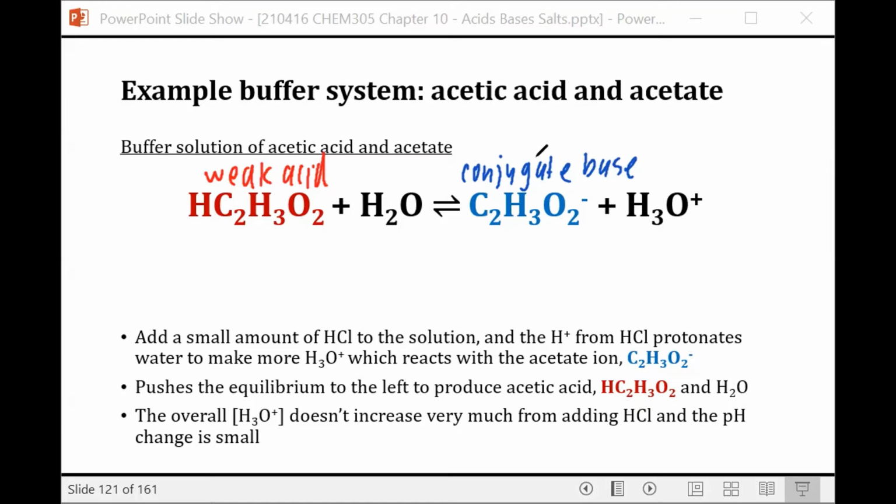Or if we add a little bit of acid to the system, the conjugate base, acetate, can accept the proton from the added acid, and the overall concentration of H3O+ won't change very much, which means the pH won't change very much.